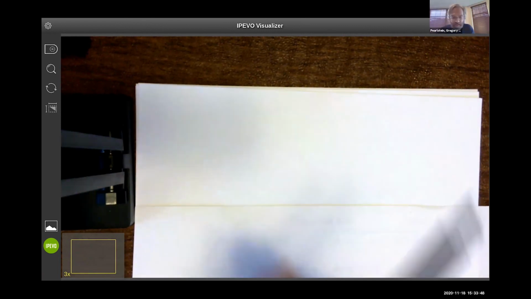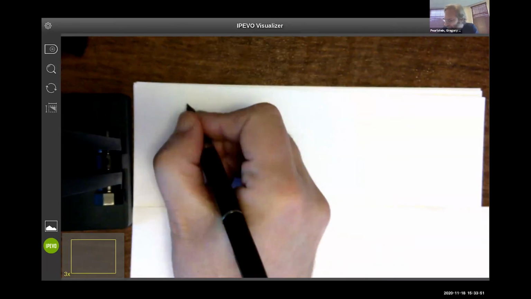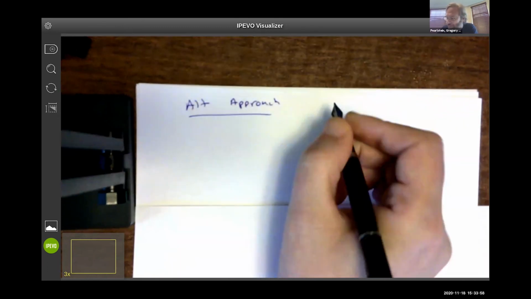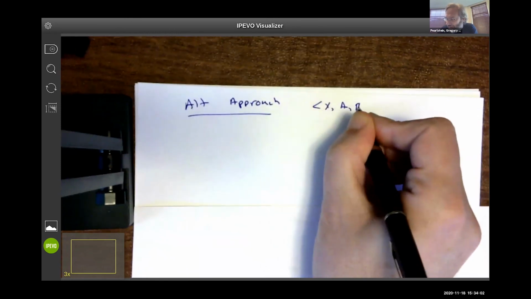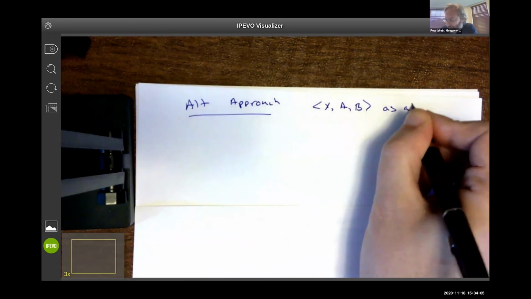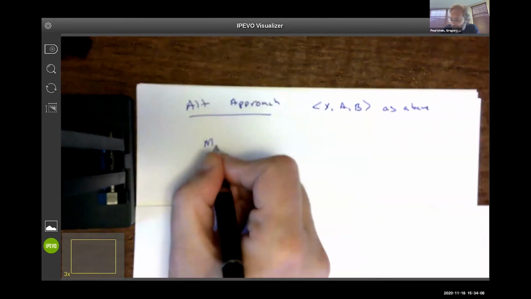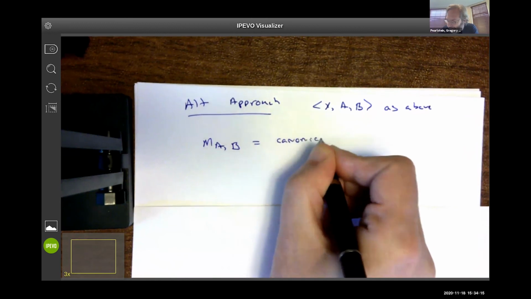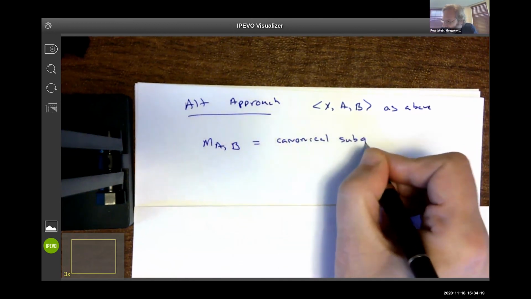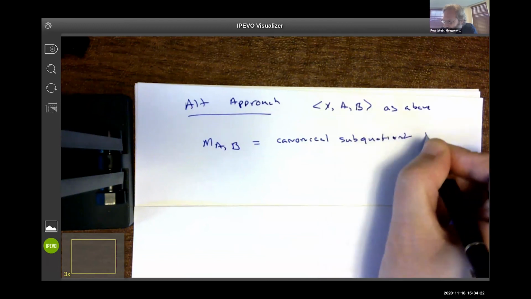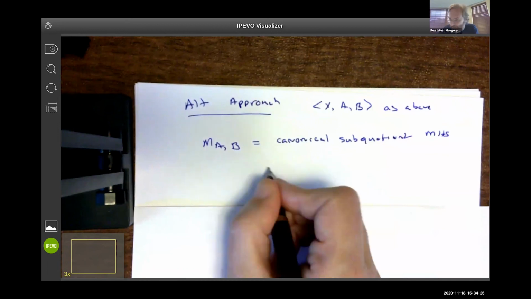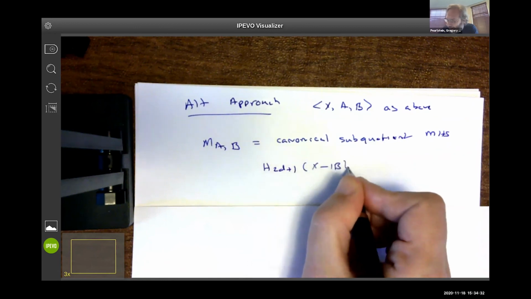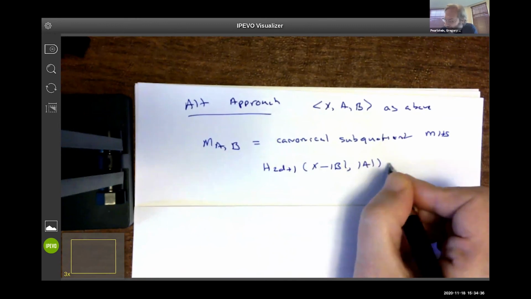All right, so now there's an alternate approach. I'll want my X, A, and B as above, then I can find this canonical subquotient mixed Hodge structure of H^{2d+1}, X minus the support of B relative to A, and then Tate twist the whole thing.